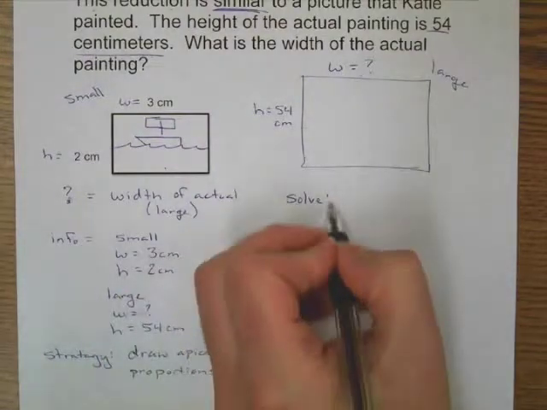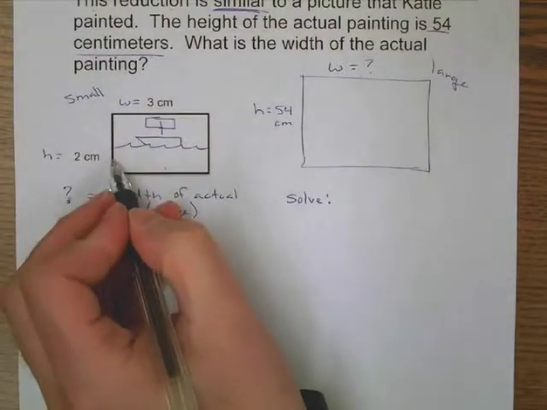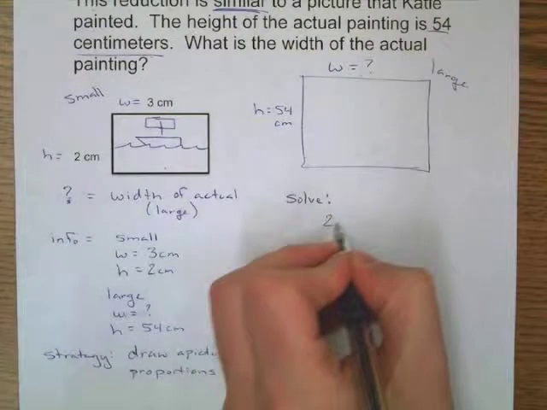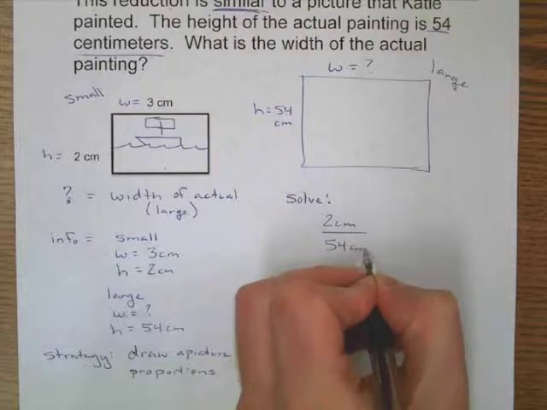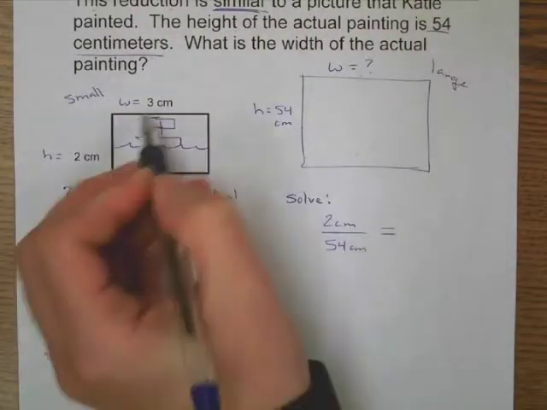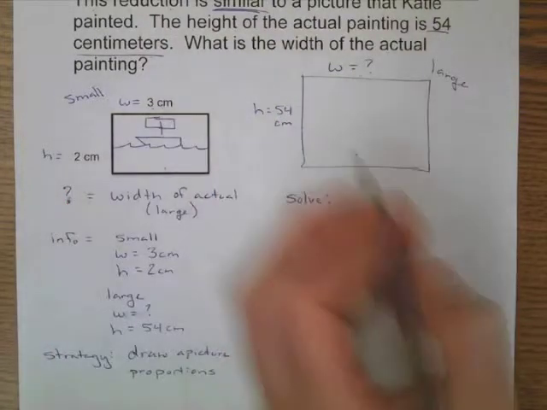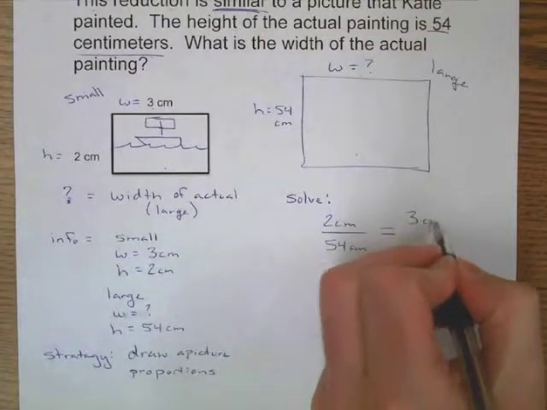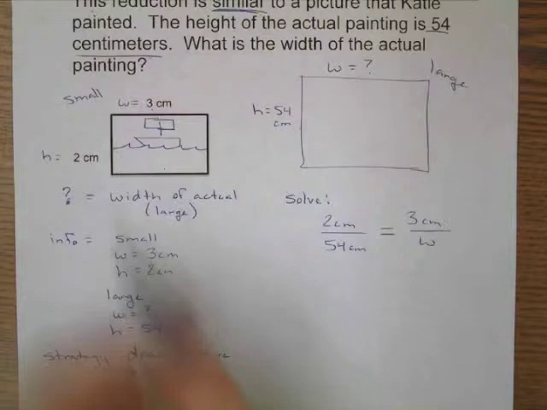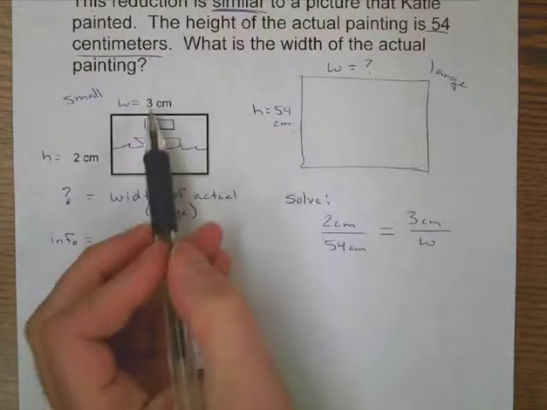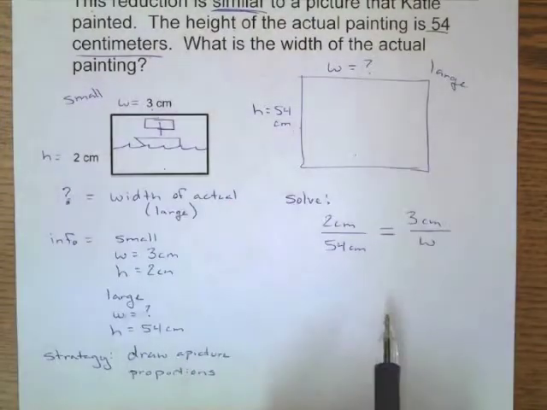That means I can set up a proportion. 2 centimeters is to 54 centimeters, as 3 centimeters is to some unknown. We'll call that W. So 2 is to 54, as 3 is to unknown W.